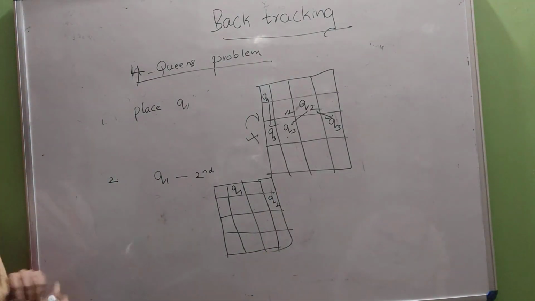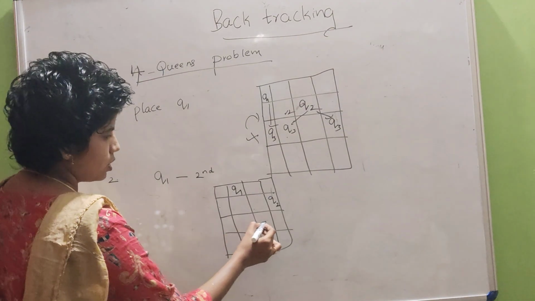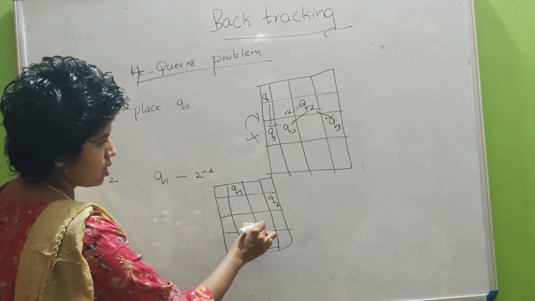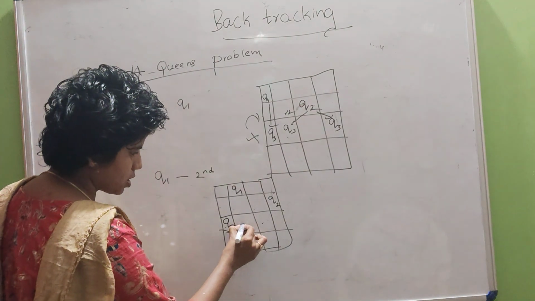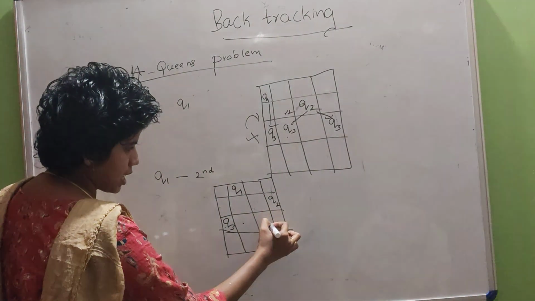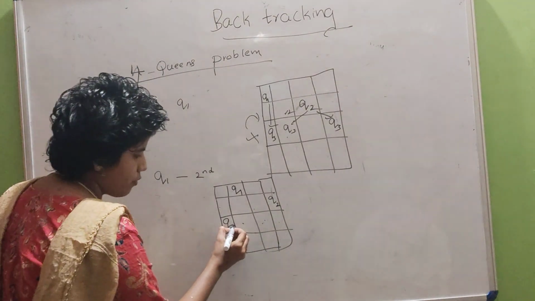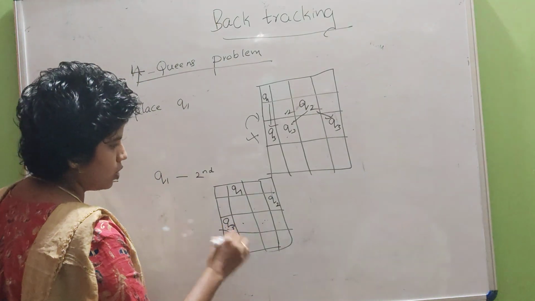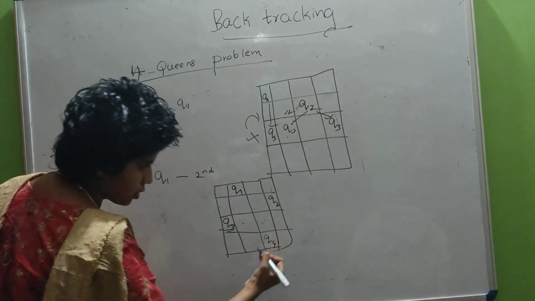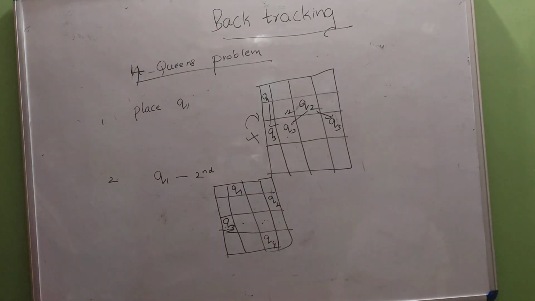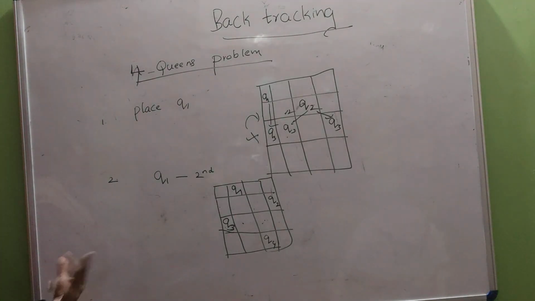Now whenever you are placing Q2 there, you have these 3 possibilities. Either this you can't pick, so you are placing Q2 here, because this one will collide and this one is diagonal, this one is vertically hit by Q2. Now Q4 is left. Q4 position you can keep here. So this is how we find the solution for the 4 queens problem by backtracking.